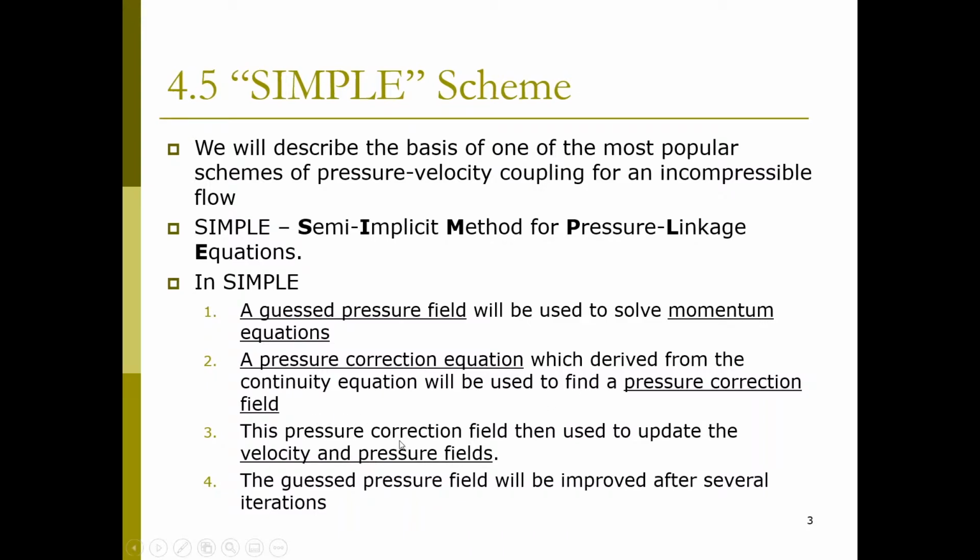This pressure correction field is then used to update the velocity and pressure fields. And the guessed pressure field will keep improving after iterations. So for every iteration, we are expecting that the guessed field will be closer to the correct field.